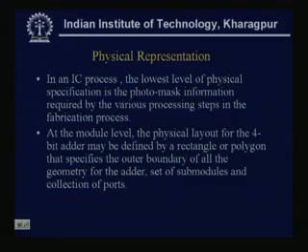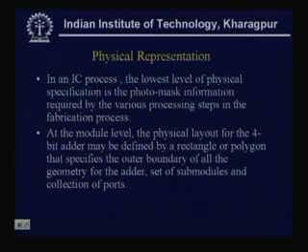This is digital automation. So, to get a digital IC, in the fab lab we have to send the photomask information, meaning which transistors will be fabricated on the silicon and how. This is nothing but photomask information. So, this is required by the various processing steps in the fabrication process.